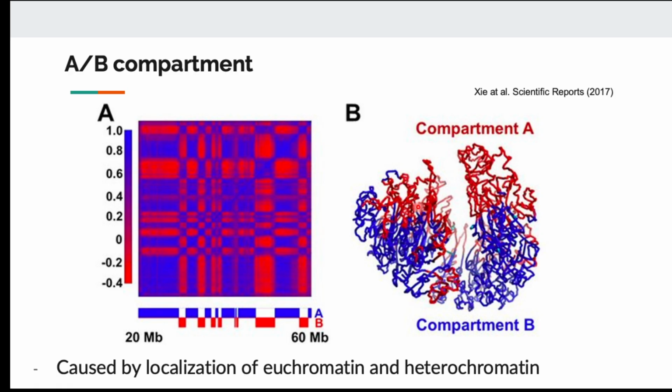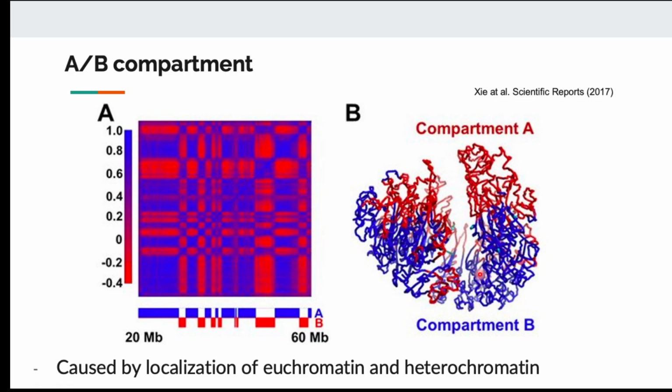Regions of the genome can usually be classified into 2 groups, A or B. DNA in the A region will interact with DNA in the A region, and DNA in the B region will also interact with DNA in the B region. So somehow the chromosomes segregate themselves into two classes that are only near the DNA from their own class in 3D.